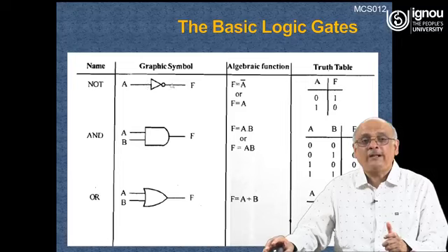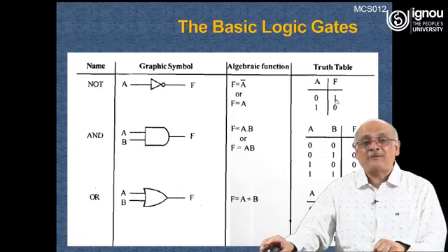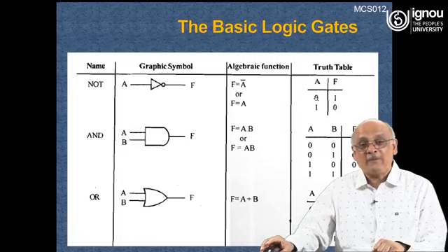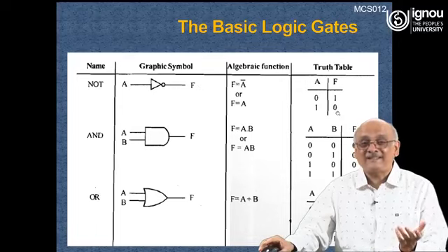So it is a NOT gate or inversion gate, whatever you call it. It simply converts the value of A from 0 to 1, or from 1 to 0. If the input is 0, it will be inverted to 1. If the value of A is 1, it will be inverted to 0. As simple as that.